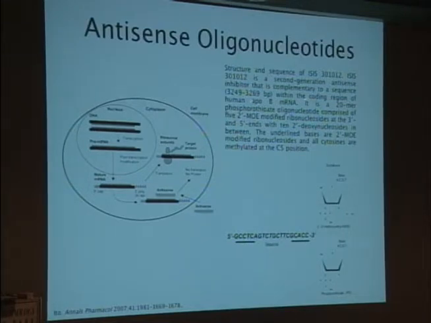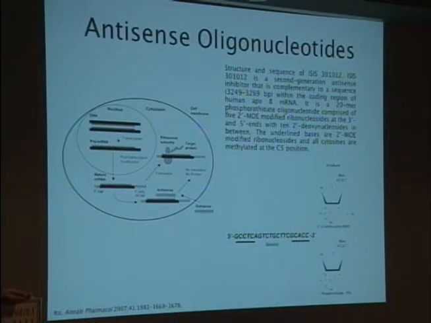These oligos are essentially naked nucleotides that have a sequence that corresponds to the message you want to knock out, along with these wing structures that stabilize the structure and enhance its uptake. The nucleotides tend to be taken up preferentially in the liver and the kidney, not to a large extent in other tissues.